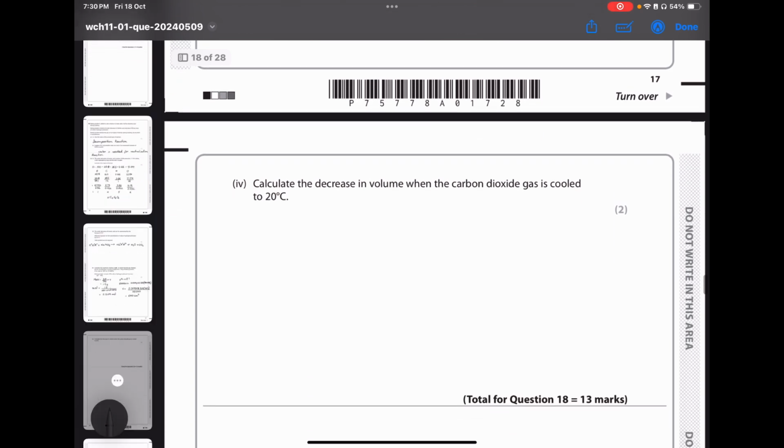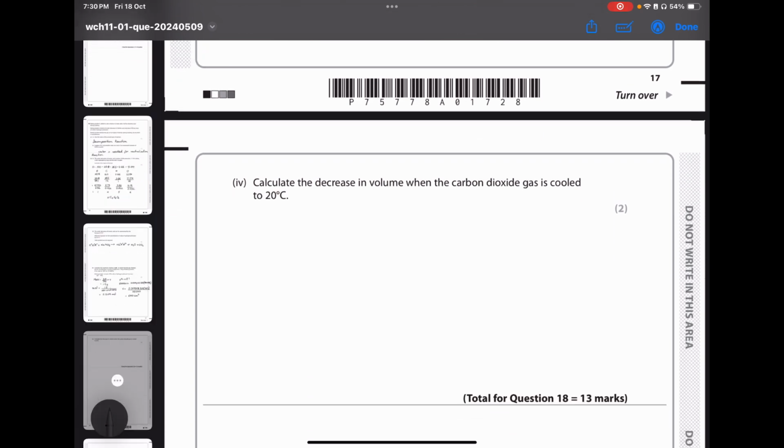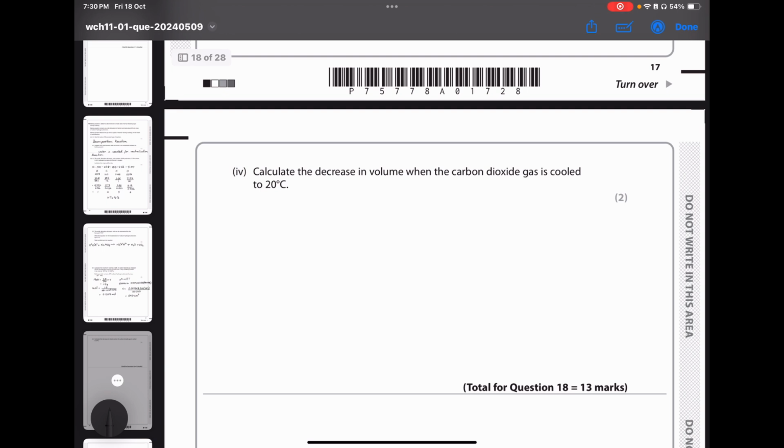Calculate the decrease in volume when the carbon dioxide gas is cooled to 20 degrees Celsius. So we will do the same calculation again, but this time the value of temperature is going to be different, right? So again, V will be equals to nRT by P. n is 0.0179 times 8.31 times temperature cooled to 20 degrees, right?